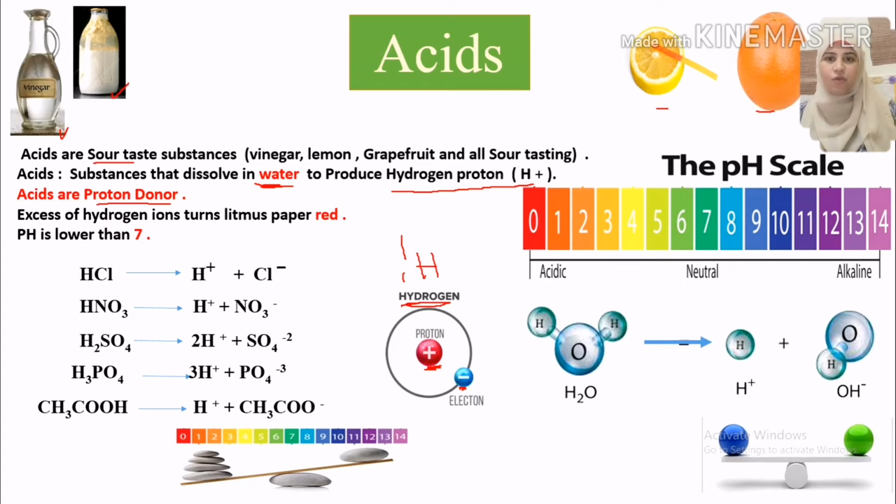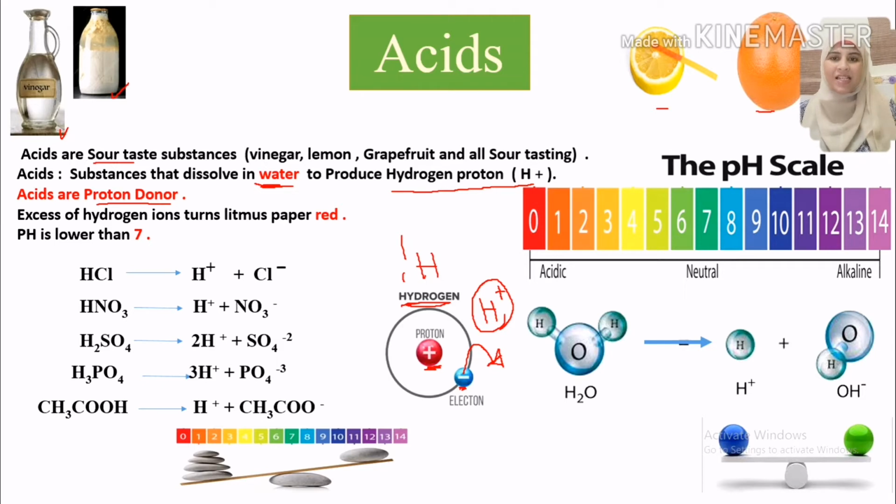When hydrogen is involved in a chemical reaction, hydrogen usually loses its electron and is converted into an ion without electrons, an ion with only one proton inside the nucleus. So we can say we have hydrogen proton. We have hydrogen atom free of electrons, just with one proton inside the nucleus.